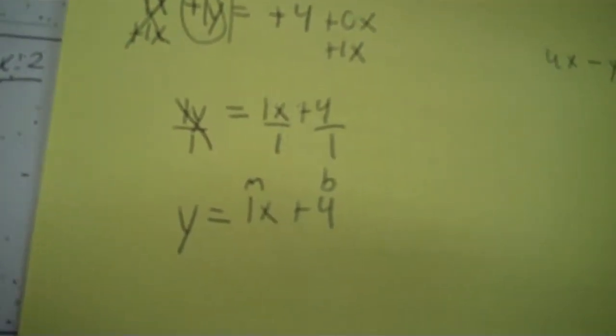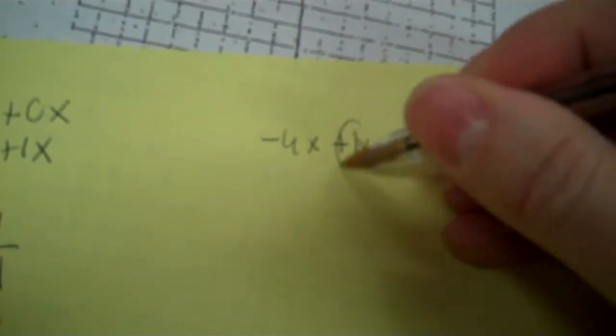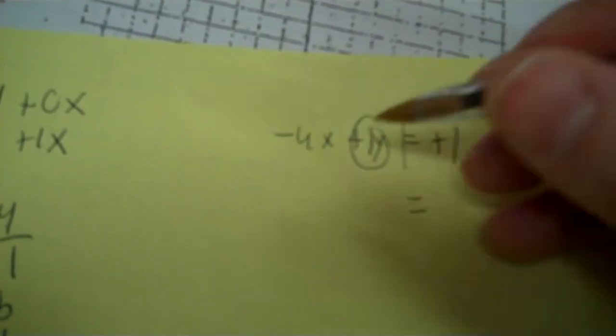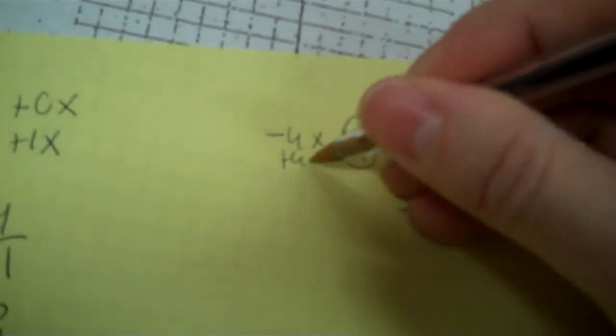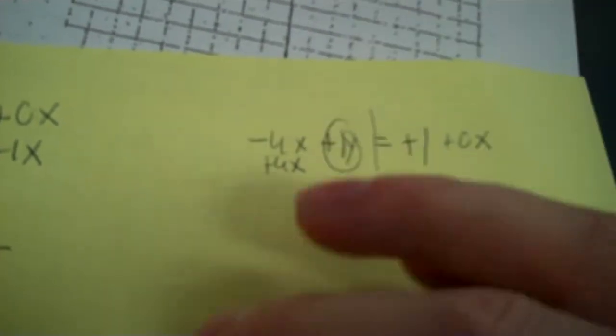Now look at the other equation. Once again, I put a 1 there and I have a minus in front of that number. So I go negative, positive, positive. So I circle the plus 1y. And I have to get rid of the -4x. So I add it, and then I put a 0x over there so I have an x there to add to.